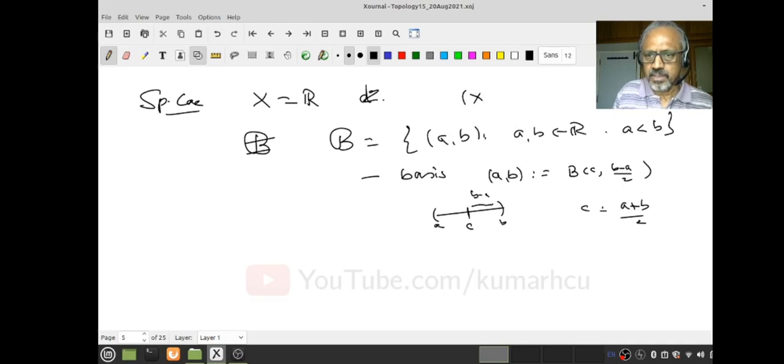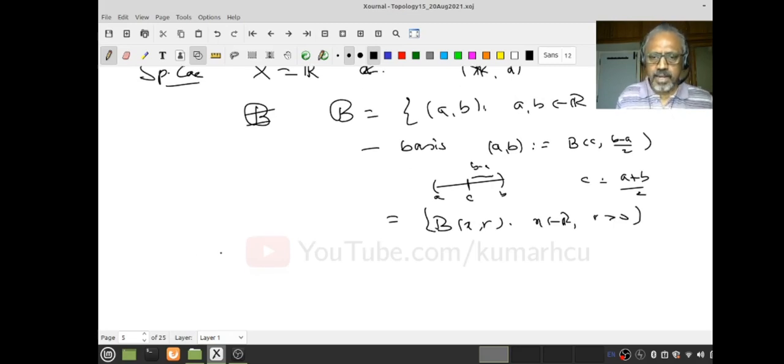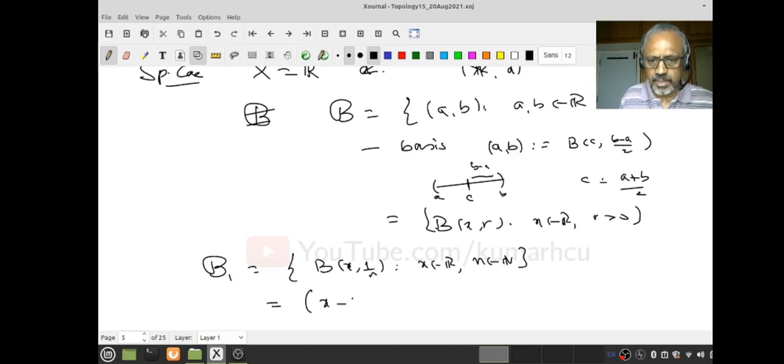Think of R^d with the metric space; this is nothing other than the collection B_x^R. Therefore, I can think of again a B1, which is the collection B(x, 1/n), x in R and n in natural numbers. This is a fancy way of writing, but it simply says look at (x minus 1/n, x plus 1/n), the collection of all such elements as n in N.